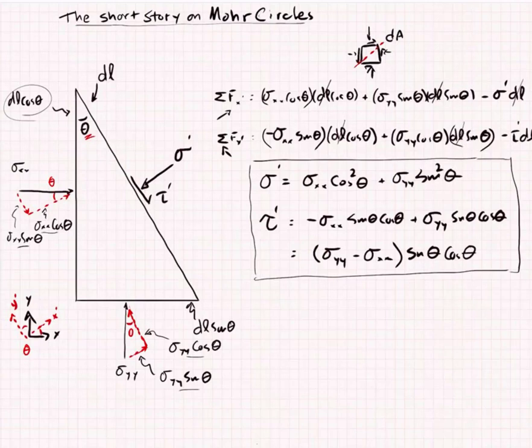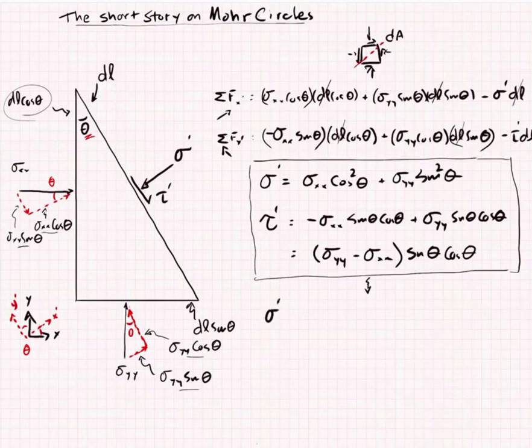I can go one step further using a couple of trigonometric identities, and I'm not going to take the time to go through that right now. I'll just tell you that this is simply algebra along with some trig identities that will allow us to rewrite these expressions in a form which is going to lead us to the graphical solution of the Mohr circle.